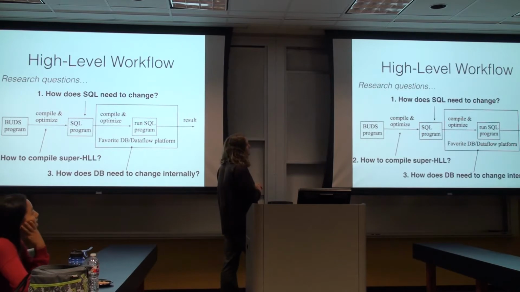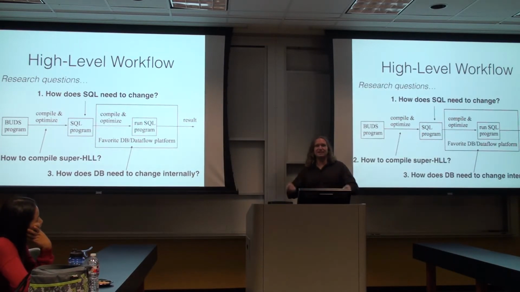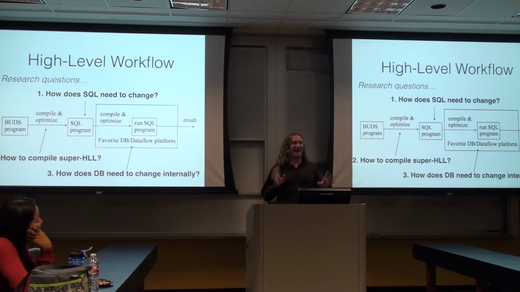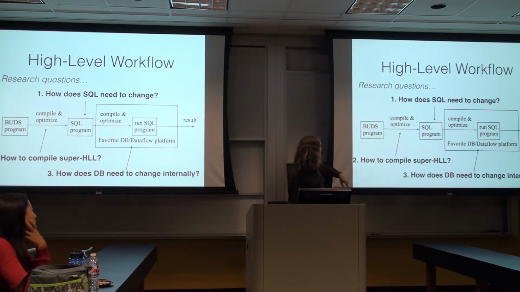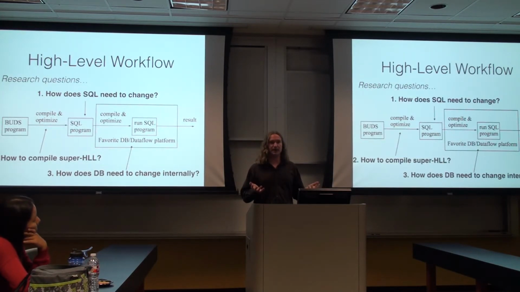So the research questions we've been looking at for the last couple of years have been, number one, how does SQL need to change, okay? What is it in SQL that we might need to add in order to make it a reasonable target for something like Buds, okay? Second question is how to compile a super high-level language like Buds down to SQL. I mean, the problem with something like Buds is that there aren't even any data types, okay? So Buds doesn't say anything about how to lay out data. That has to be automatically generated, right?